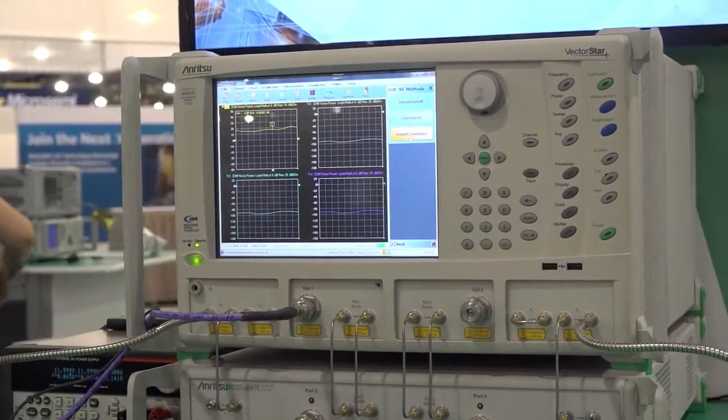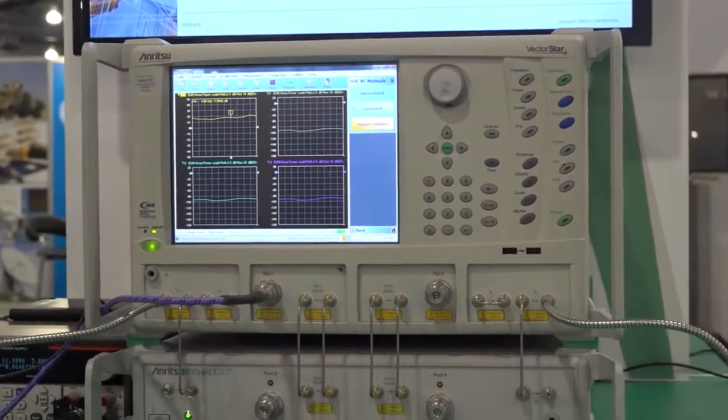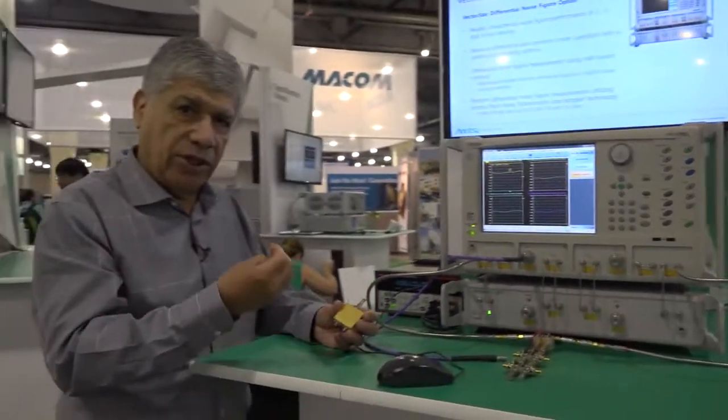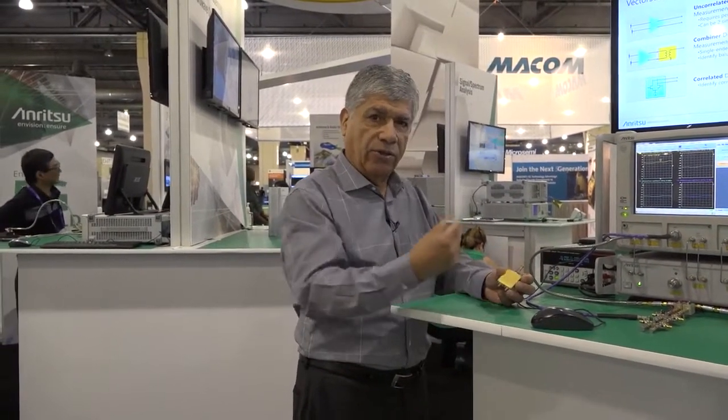We provided the combiner approach for people who have done measurements using baluns in the past and want to use this new technique to improve the corrections of that measurement, in order to validate and verify and take forward their accuracies in the measurement of differential noise.